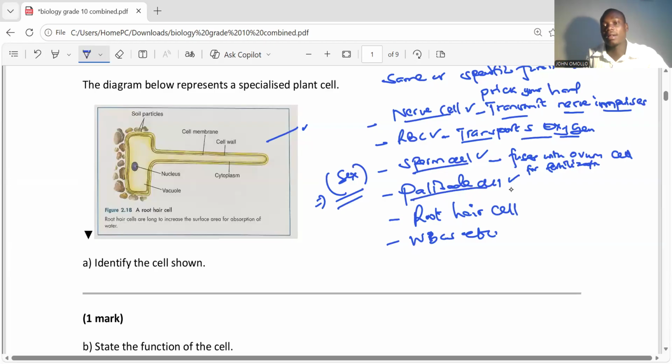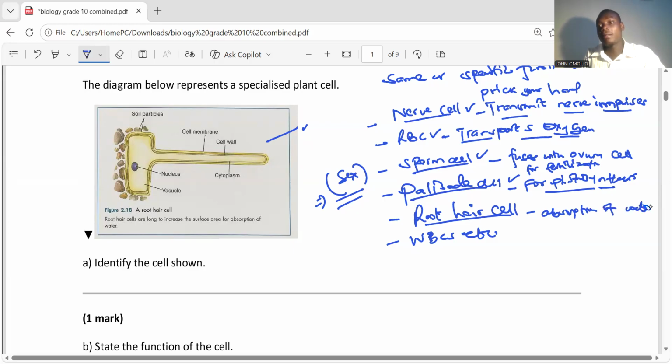Palisade cells. These cells are specialized. They contain a lot of chloroplast for photosynthesis. Root hair cells, this one helps in absorption of water and mineral salts from the soil to the plant.